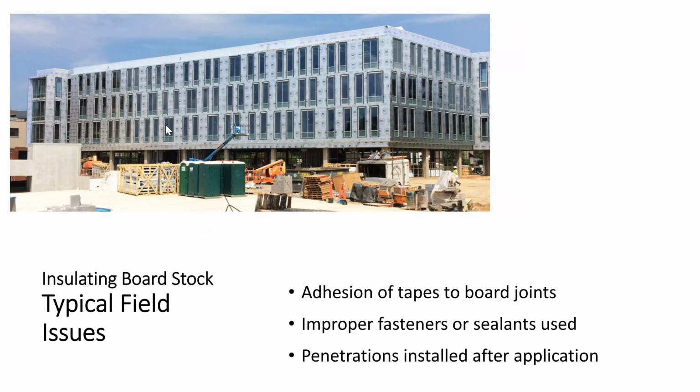They've tried to put the tape on and it simply doesn't stick. The other thing we tend to see in the field is that this all goes on and looks nice, and then someone comes behind and puts a big hole in it with mechanical or electrical, and that hasn't been detailed properly. So if you're showing up on the job site, check the fasteners, that the joints and everything are sealed, and that the adhesion of the tape is proper on the board.